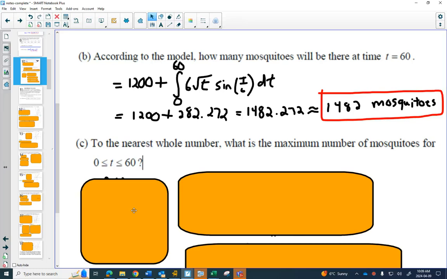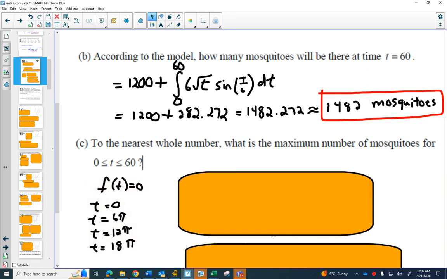So what do we know about the extreme value theorem? On a continuous function you will have an extreme value either at the endpoints or at any critical points in between. So what we're going to have to find out is, are there critical points? What do the endpoints look like?